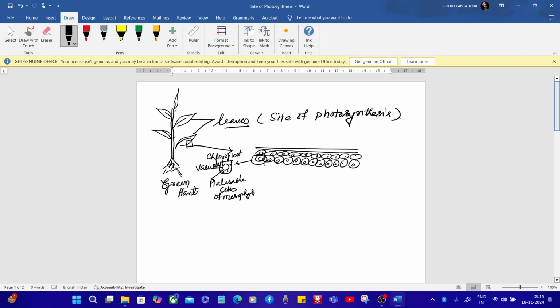We will discuss the structure of that also. And nearer to this region there will be other cells arranged here, but they are loosely packed.